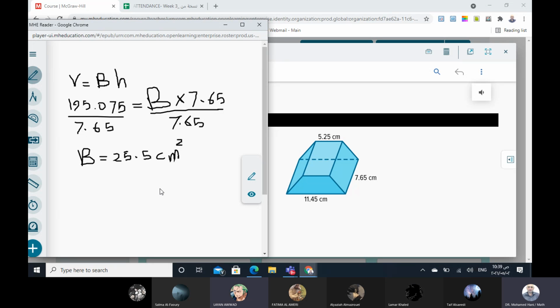No questions. Mister, how did you know that it's area? Literally the base. B capital letter means the area of the base. So we solved for the area. Okay, thanks. Welcome.